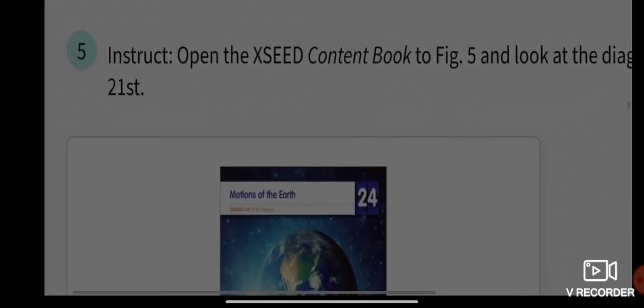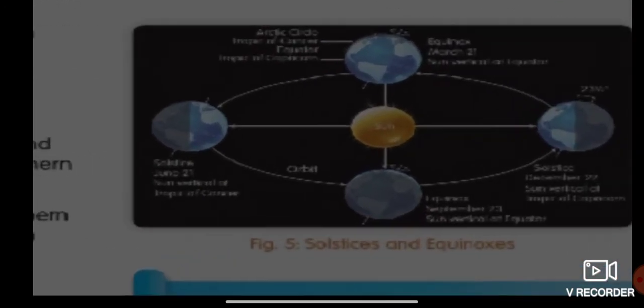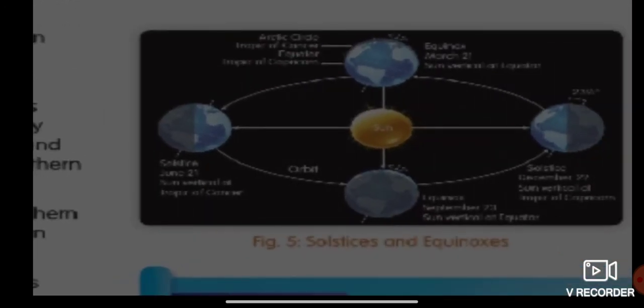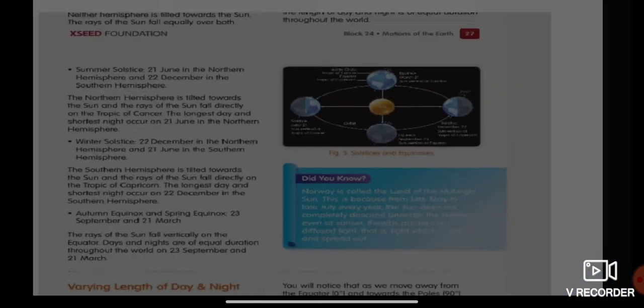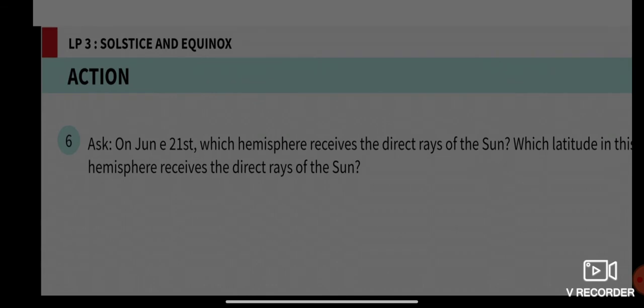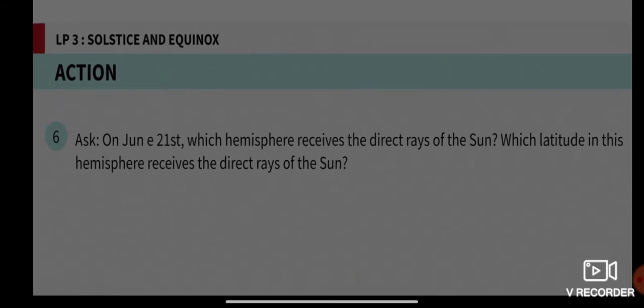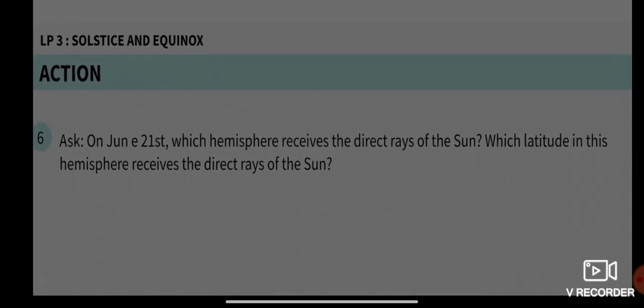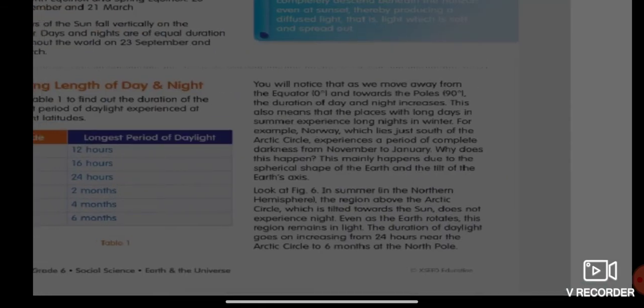Then you have to look at the diagram of the earth and mark June 21st. Now on 21st June, which hemisphere received the direct rays of the sun?